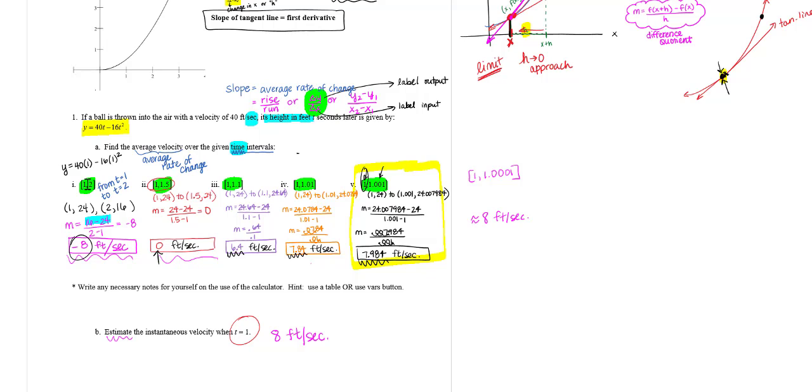We specifically led you from 1 to 2, 1 to 1.5, where the second point was getting closer and closer to t equals 1, and then we specifically asked you about that instantaneous velocity at t equals 1. So just make sure that you're getting closer and closer to that input value that you want. All right.